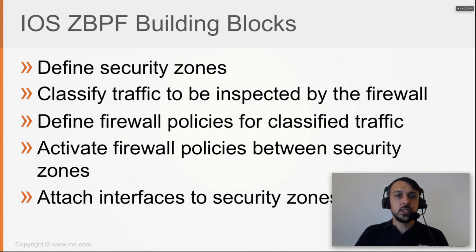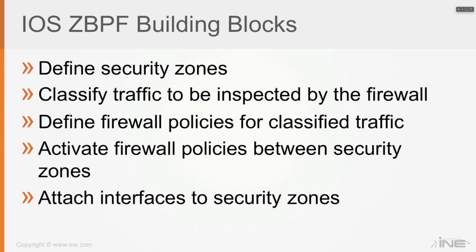Because if there are no firewall policies defined, depending on how traffic flows in between, either traffic is going to be allowed by default or dropped by default. So you wouldn't want to define the zones and attach the interfaces before configuring the firewall policies, because you may end up dropping traffic until you configure the policies, and of course this is not what you would want in a production network.